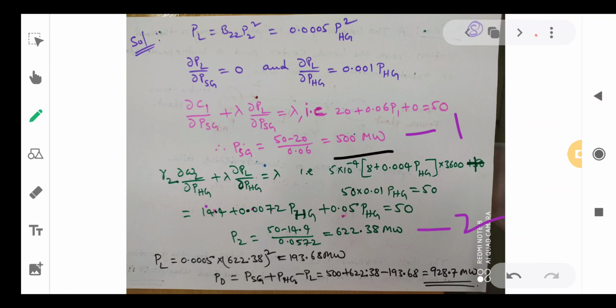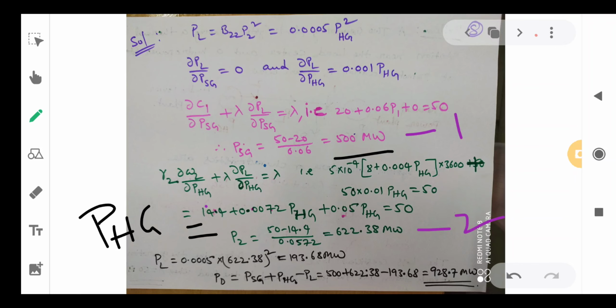This is the second solution, hydropower generation PHG equal to P2, that is 622.38 megawatts. Now lastly, PL is equal to 0.0005 PHG square. Therefore 193.68 megawatts is the loss.